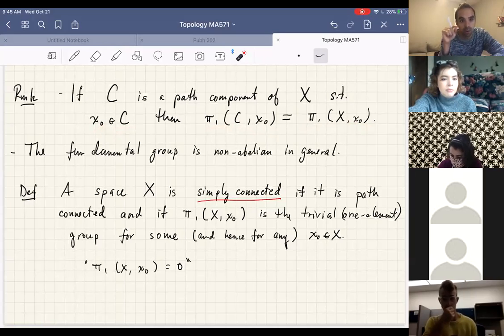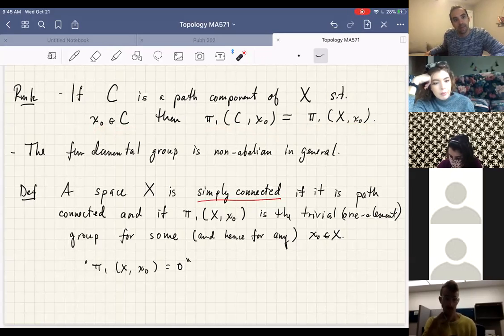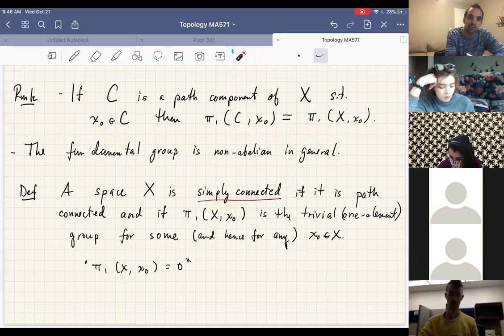Because all paths will stay in the path component. Paths cannot leave to a different path component by definition. But of course, we will restrict our attention to path-connected spaces, because if not, you can work component by component.